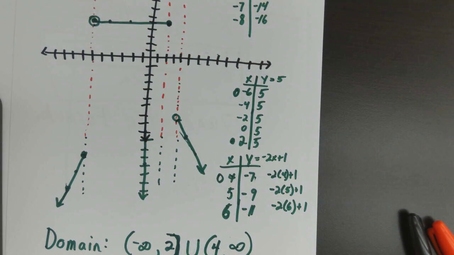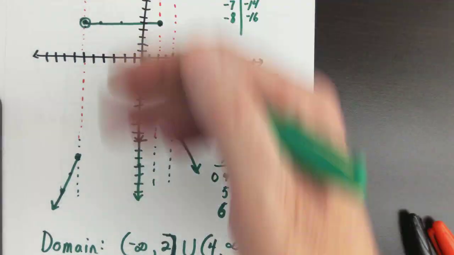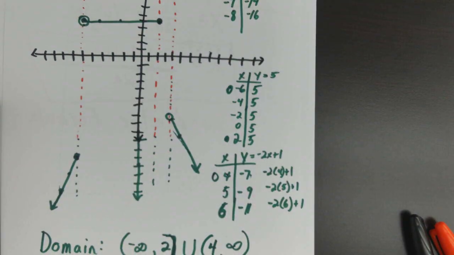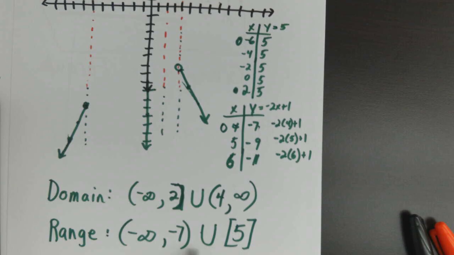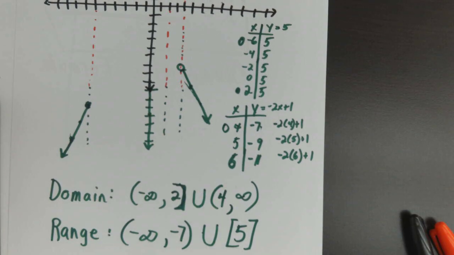So I may just put that in brackets like that, but 5's the only value there. It doesn't go up higher or lower. It stays at that constant 5 in between these two. So these are the values that y can be. Anything from negative infinity, negative whatever, up to negative 7, and the number 5. That's the values y can be.